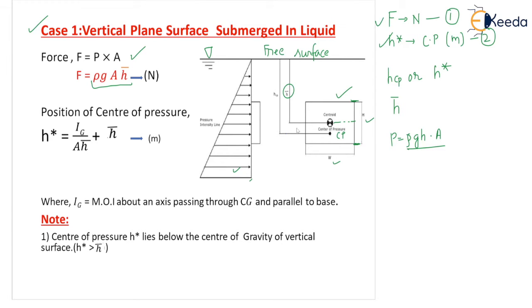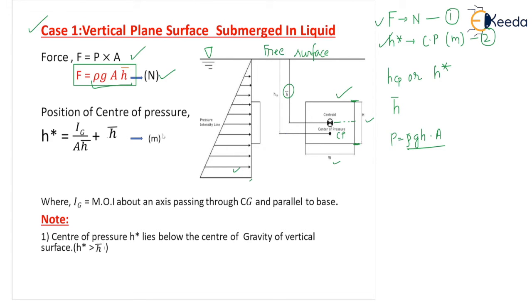So the total mass is concentrated at Cg, so that's why we are taking h bar distance. So the formula is F equal to rho g A h bar Newton.